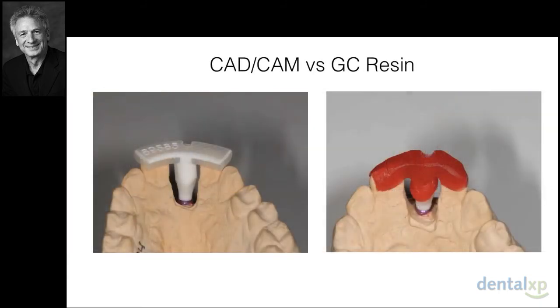And here's an example. The GC resin on the right-hand screen was done well, but you can't compare it, considering the time it took to do that. Having this insertion guide impacts the way you work, and the improved product benefited from better standards for design and better manufacturing standards.